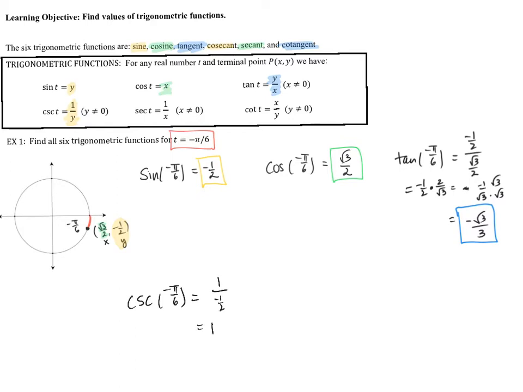That would be 1 divided by a fraction, so I'm going to multiply by the reciprocal, which is just negative 2. Do you see how the reciprocal of negative 1/2 and negative 2, those are just reciprocals of each other?